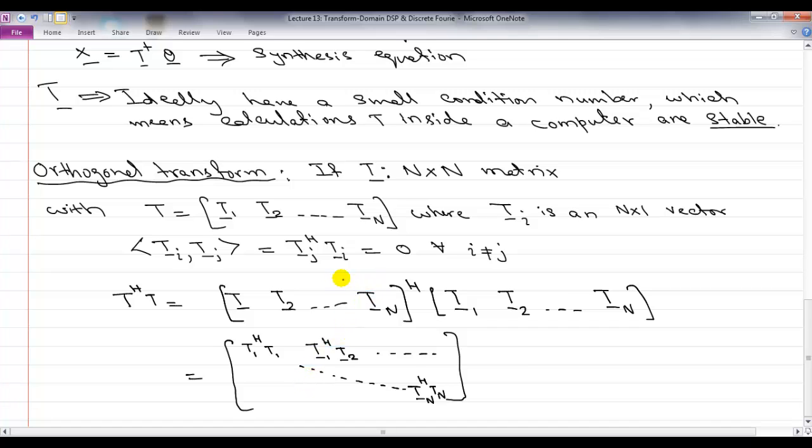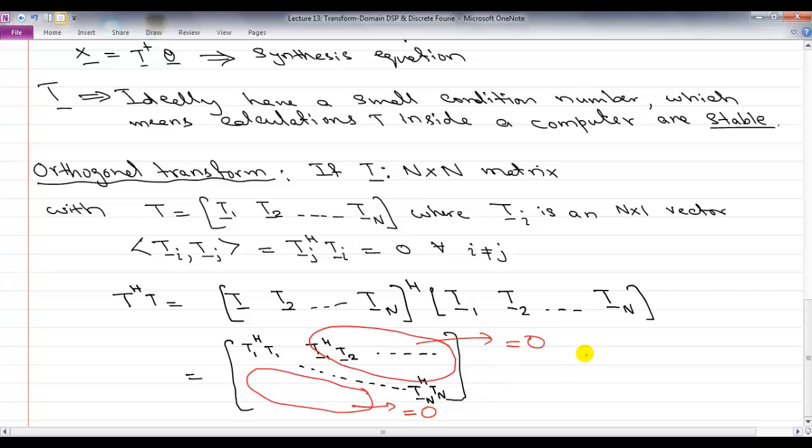Now we just said that for an orthogonal transform, if you take the inner product of two different columns, the answer is 0. This means that everything in this matrix on the off diagonals will be equal to 0.